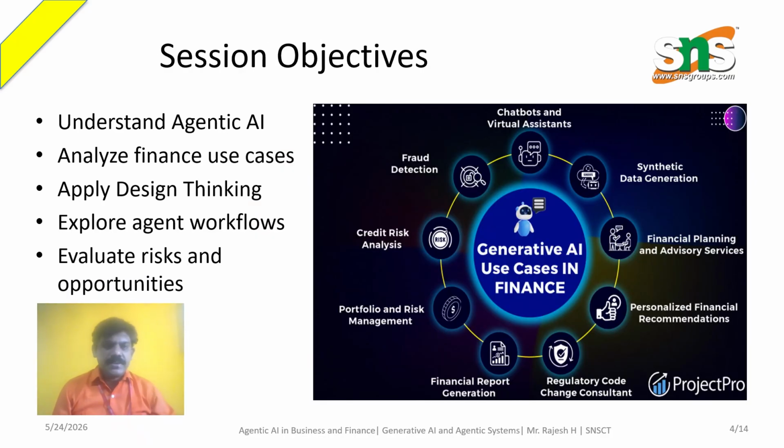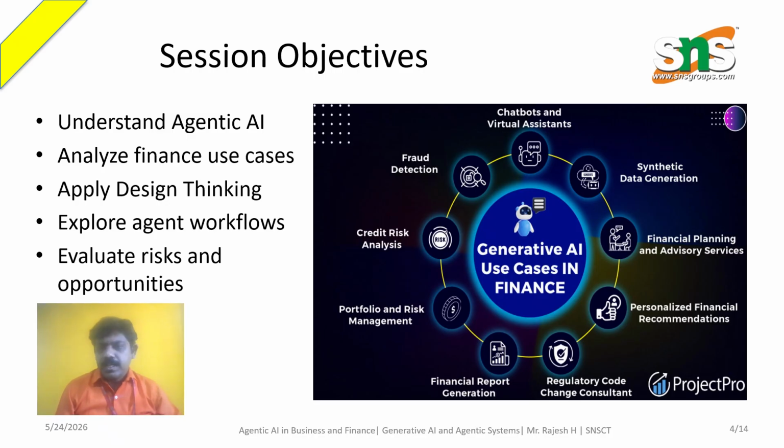So here the session objectives are to understand agentic AI, to analyze the finance use cases, then to use design thinking to explore the agentic workflows, and finally to evaluate the risks and opportunities. If you look at the use cases in finance specifically, we have credit risk analysis, fraud detection, portfolio management and risk management.